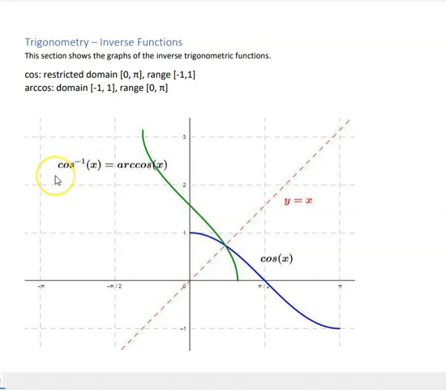In the context of a function, a superscript -1 means the inverse of the function. And as you know, with inverses, the domain becomes the range, and the range becomes the domain. So here's the picture for the inverse cosine function in green here.